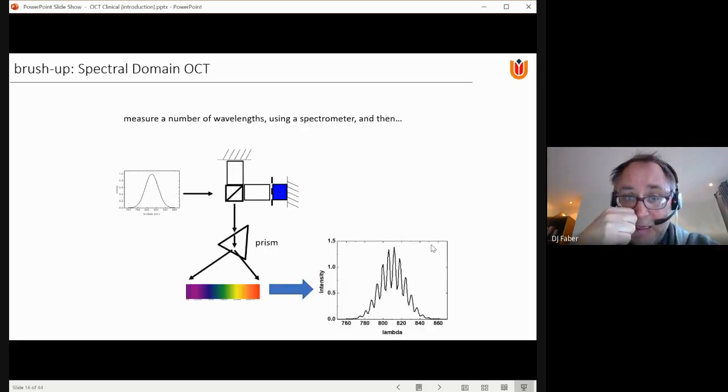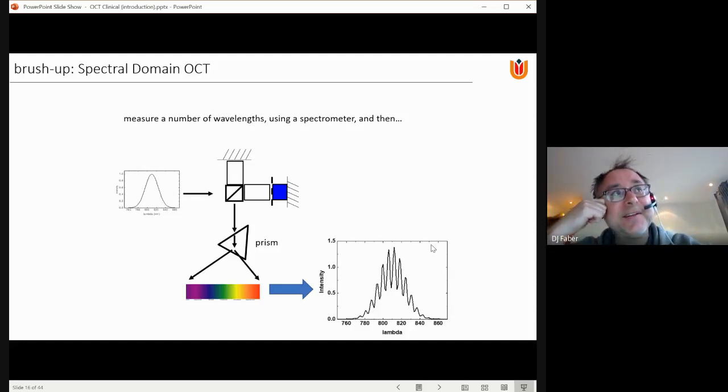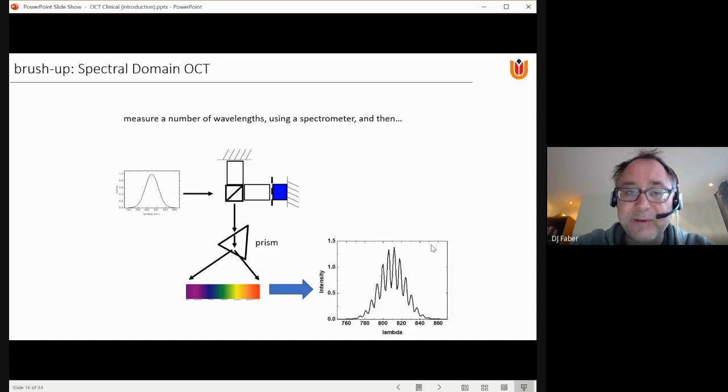All right. Then this was still old-fashioned time domain, where a mirror was moved and that was related to the position of a reflector in the sample. The faster and more sensitive way of doing it is spectral domain OCT, where, as Manouk accurately said in the comments, the mirror is not moving, it is fixed at a certain position.